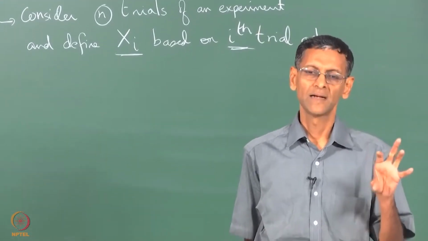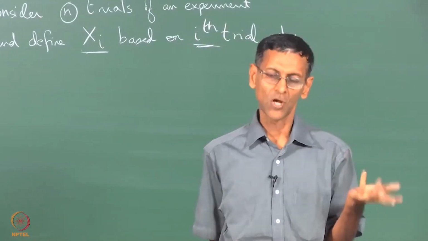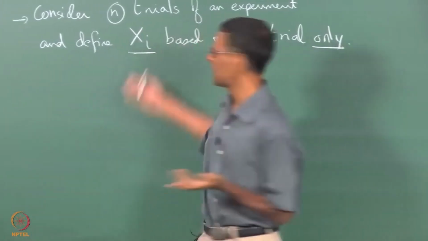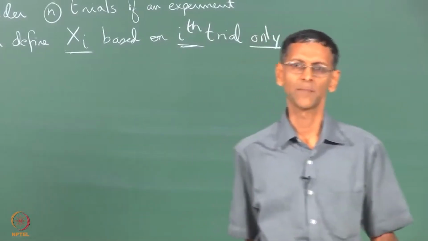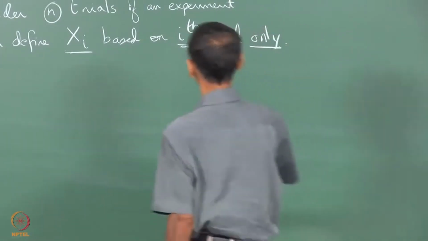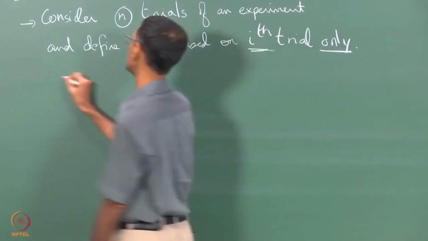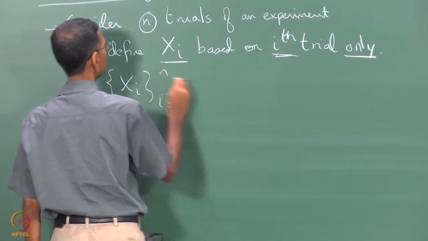Each trial is associated with one random variable. If you toss a die n times, the natural thing to say will be that Xi is the outcome on the ith trial, for example, right? So I want to define Xi only for the ith trial, so therefore I have defined Xi all the way from i equal to 1 to n, right?